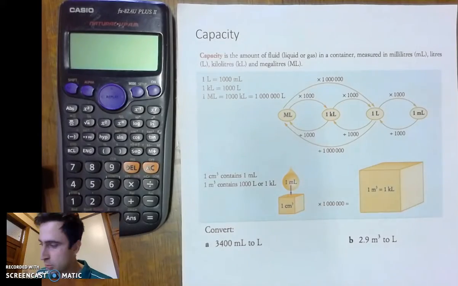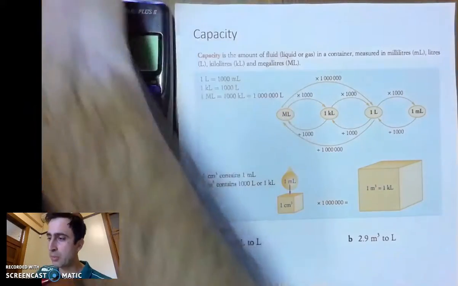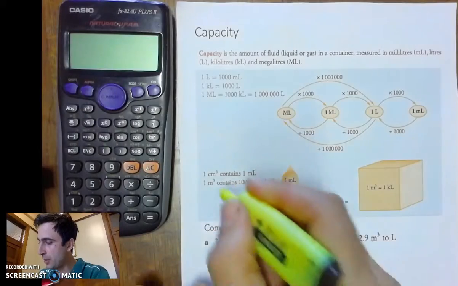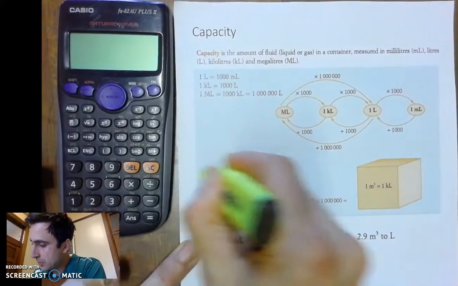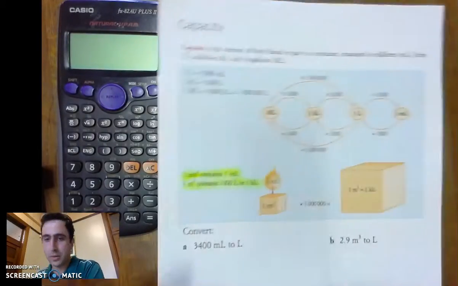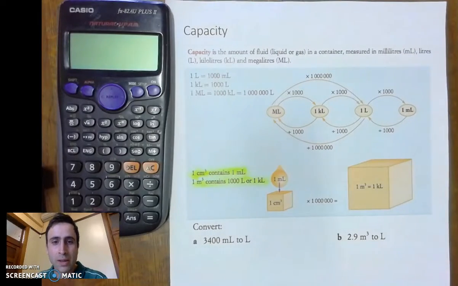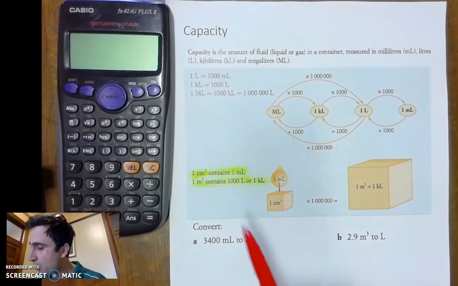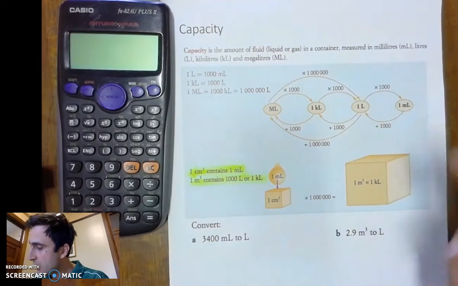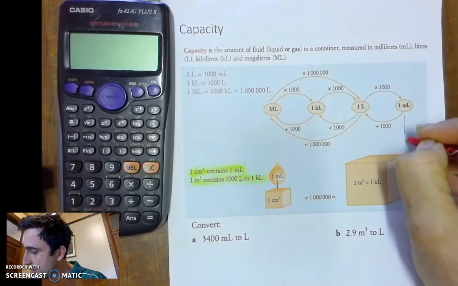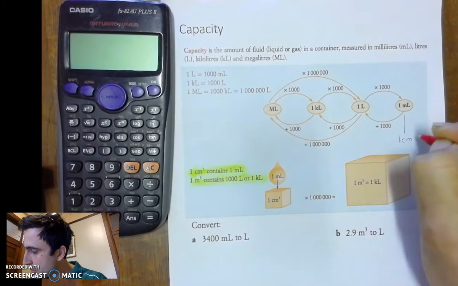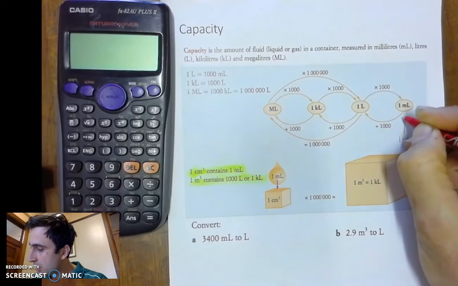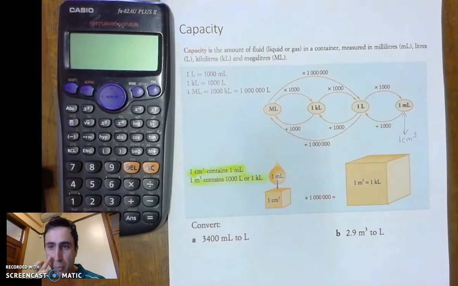But there's one little trick here, and this is probably the most important bit, and I'm going to get a bit of a highlighter. One centimetre cubed takes up 1 millilitre of space. And down here, 1 centimetre cubed takes up 1 millilitre.